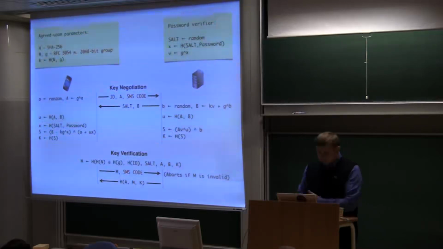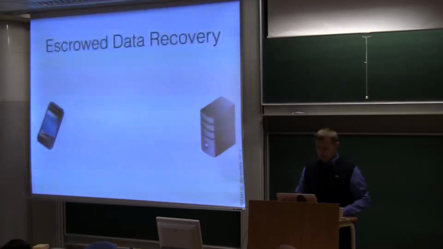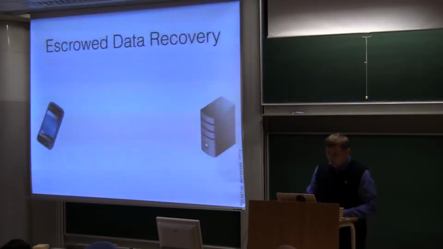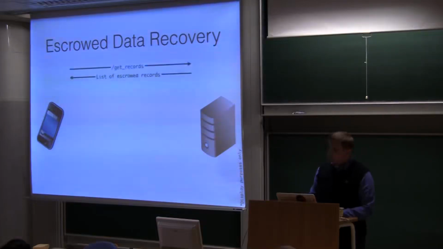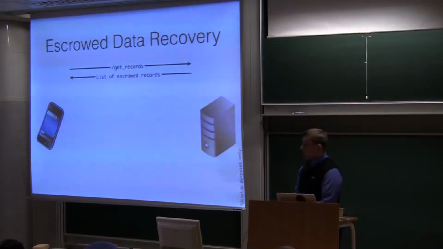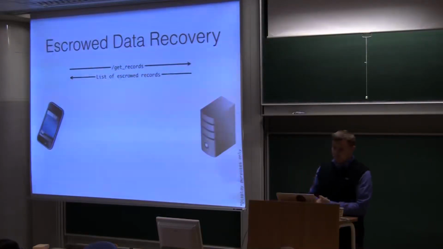So this is how the protocol works, but how does the exact process work? When the device wants to recover some data from the escrow proxy, it first lists the available escrow records.